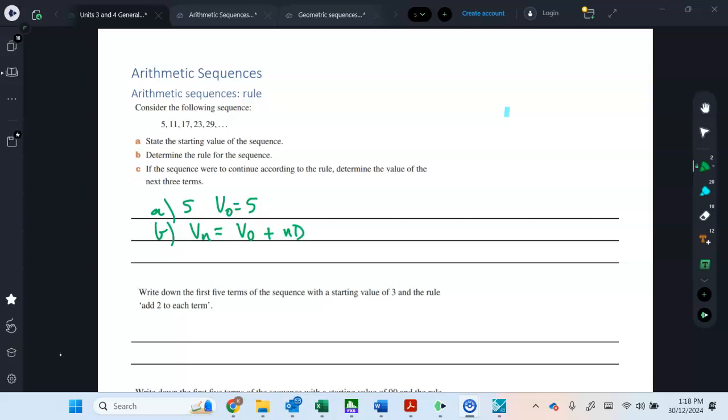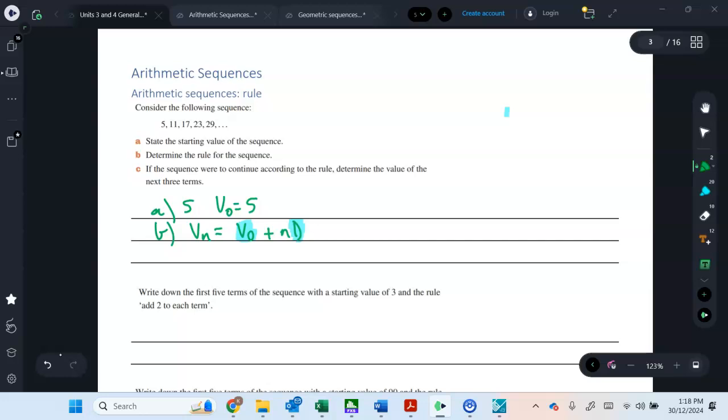Okay, so I just need to substitute in the V0 and the d. Let's start again. It's nd. I wouldn't usually put it in that order, but that's what the textbook has done, so let's be consistent.